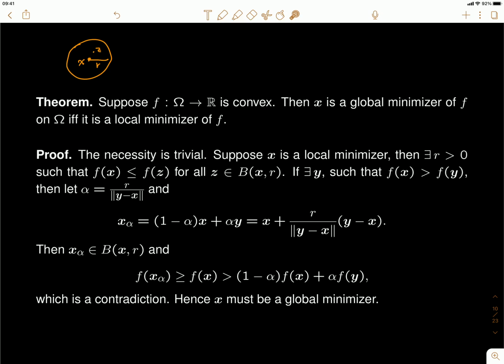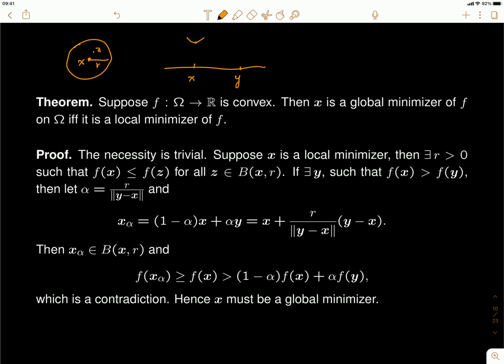Now suppose x is not a global minimizer, it's just a local minimizer, meaning there's another point y that has an even smaller function value of f compared to f of x. In 1D, you have the x, you have the y, and x is a local minimizer, so it probably looks like this near the neighborhood of x.